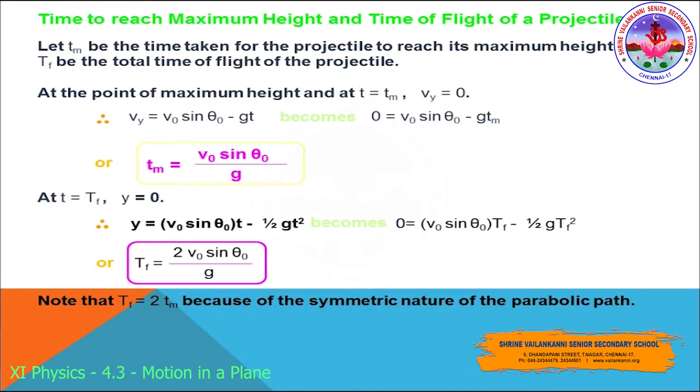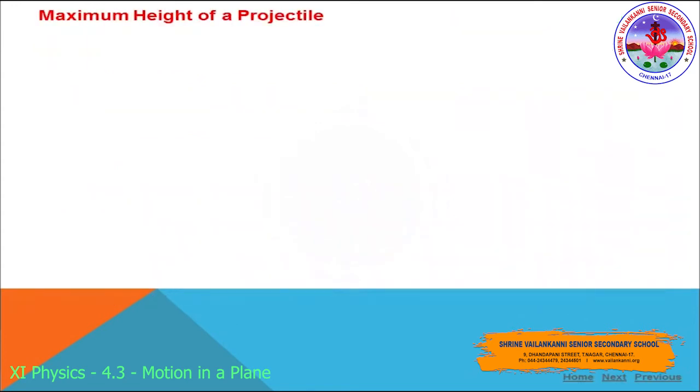There is no net vertical displacement, so 0 equals that expression. Therefore the time of flight equals 2 V naught sin theta by g. Got it? So obviously the time of flight is 2 times the time to maximum height.